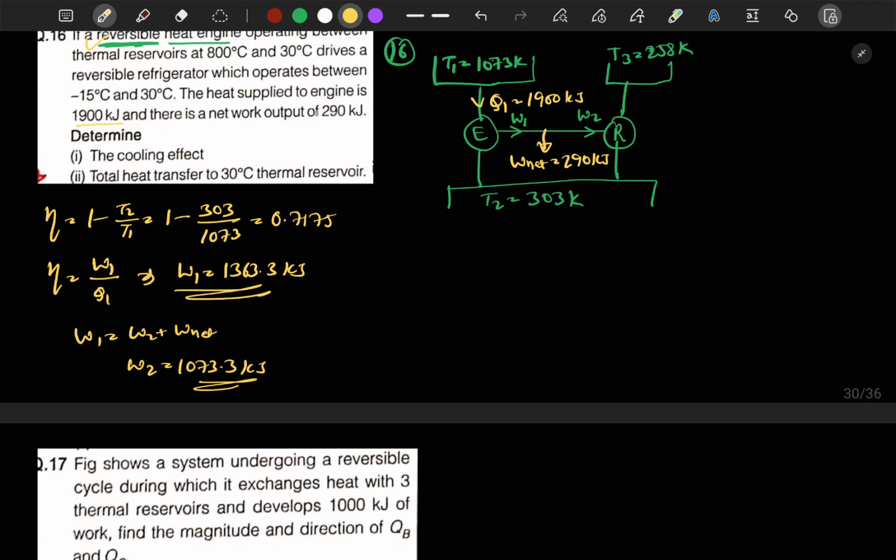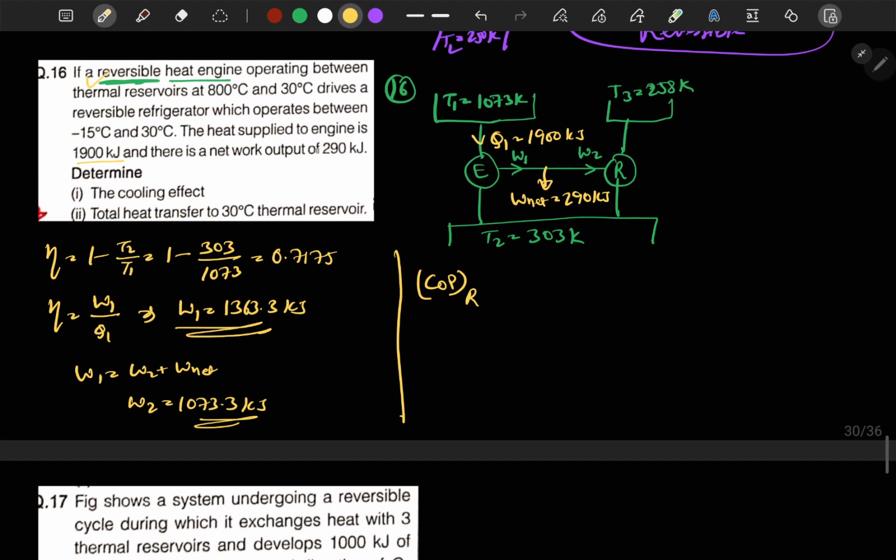Let's calculate the COP for the refrigerator. Since it is mentioned that it is a reversible refrigerator, we can directly use TL upon TH minus TL. Here TL is 258 Kelvin, and let's say this is the rejected amount Q3, which is delivered here as Q4.